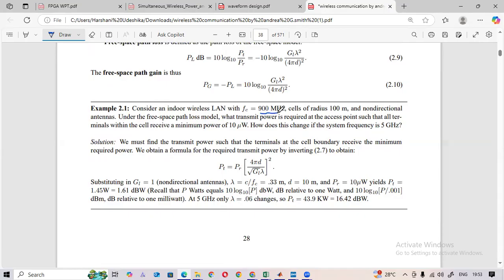Here the frequency is given. Using frequency, you can calculate lambda using V = F lambda, where V is the velocity of light, that is 3 x 10^8 meters per second. So you can calculate lambda if F is given, and substitute the lambda here.